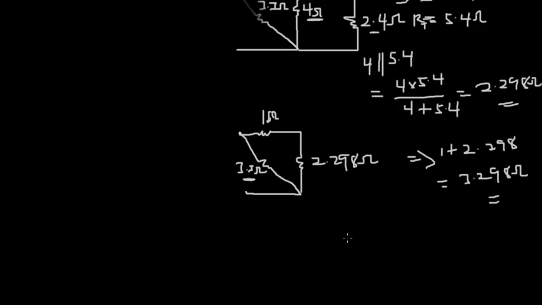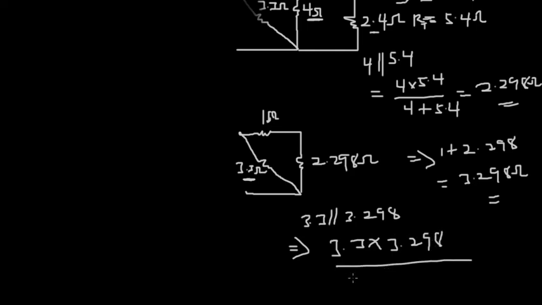So let's proceed. The 3.3 ohm will now be in parallel with the 3.298 ohm. Let's find the final answer. We have 3.3 times 3.298, divided by 3.3 plus 3.298.